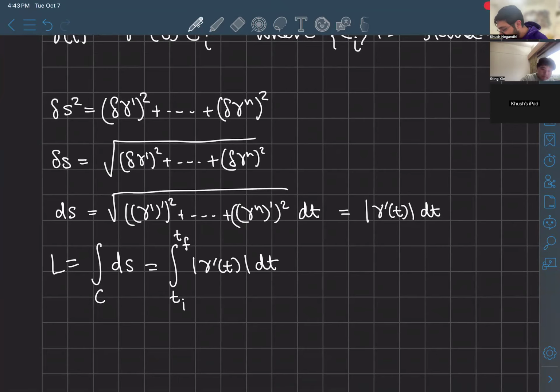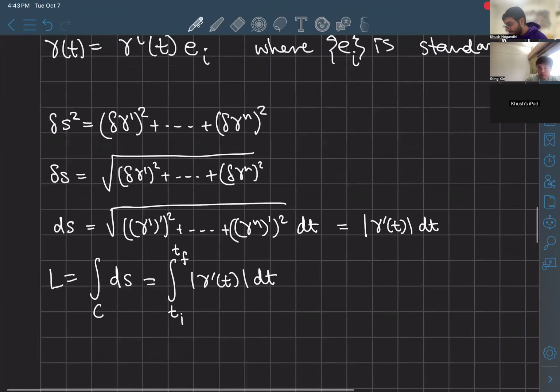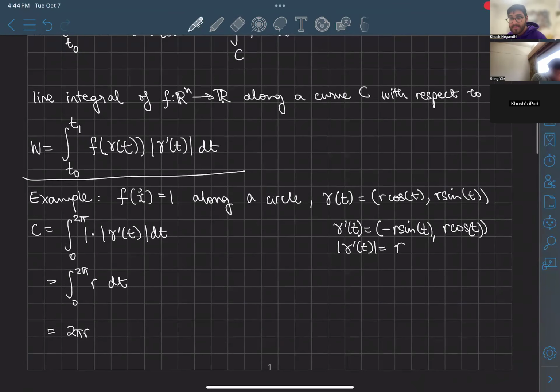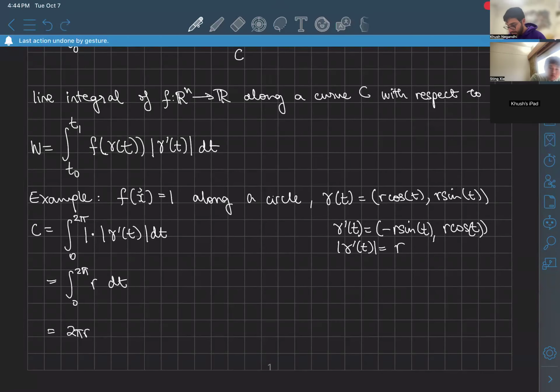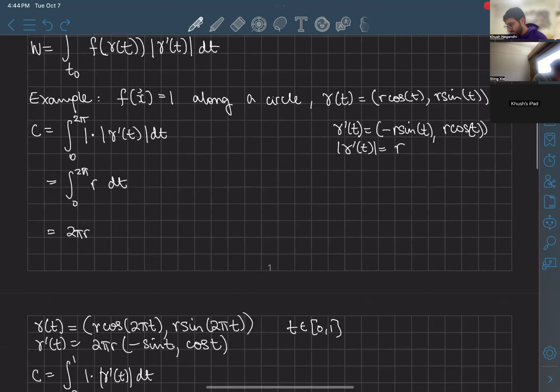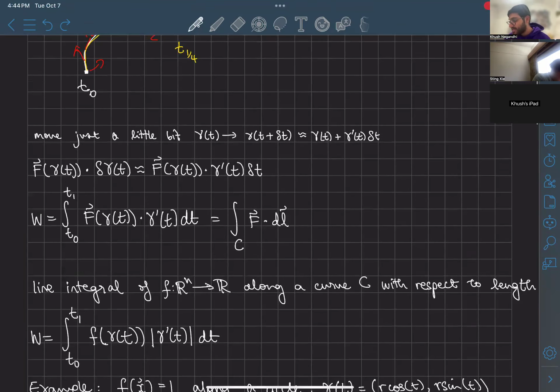And I hope this enforces the idea that this integral that we saw here is with respect to this arc length. Okay, are there any questions? So this is sometimes called the integral with respect to arc length, but what I'm more interested in is this line integral we defined.